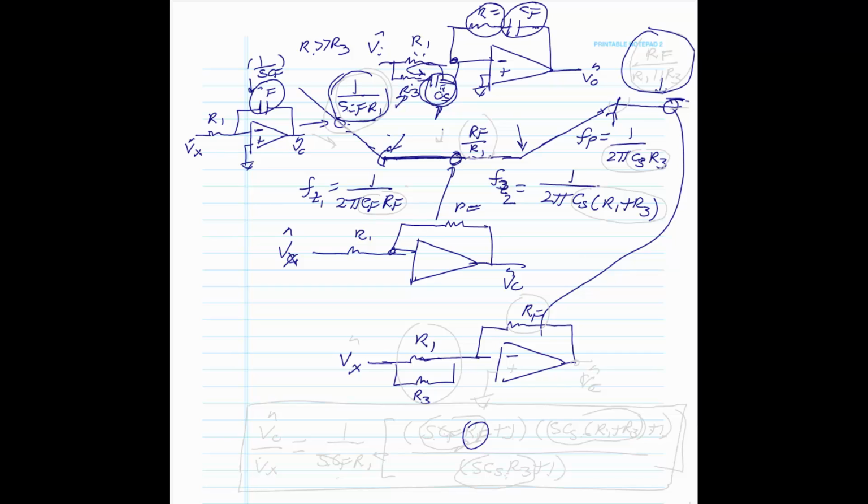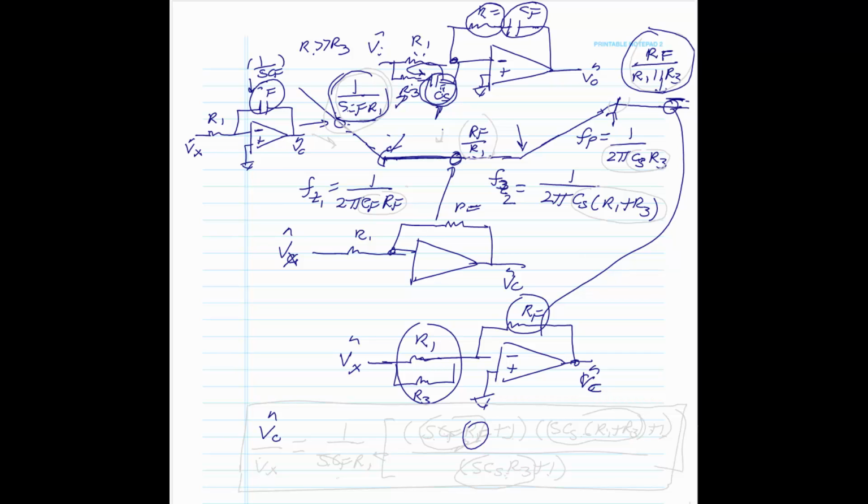So at that point, that's what the waveform looks like that you have here, and therefore you know what your gain is. It's this divided by the parallel combination, so therefore it is RF over R1 parallel R3.